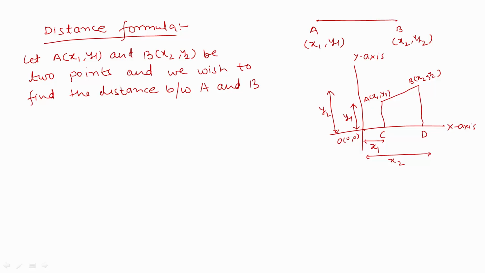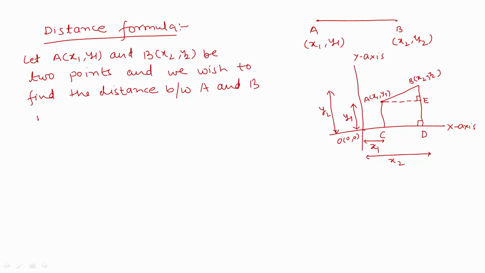Now draw a line from A to BD which is parallel to CD. So here you can see that AEB is a right angle triangle because angle D is 90 degrees and AE is parallel to CD. Obviously angle E is 90 degrees.